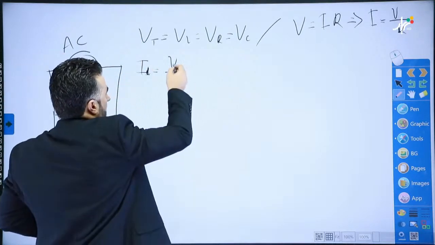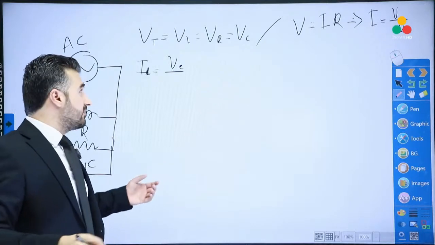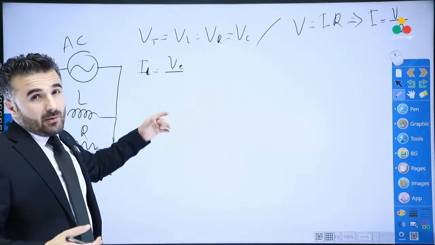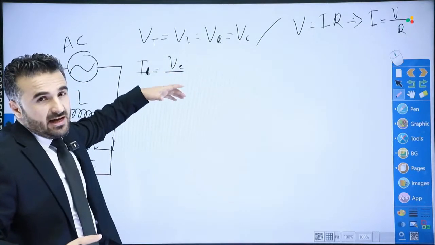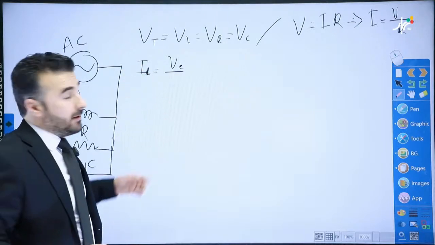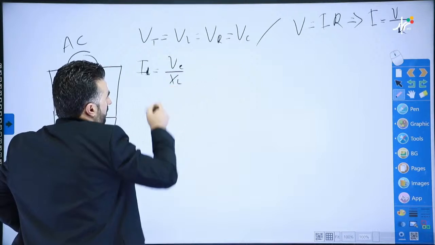By the way, if we use V effective, all the other values are effective. If we use V max, which is unlikely but still correct, then the current obviously becomes the maximum as well. But the point is, we have V effective over XL.